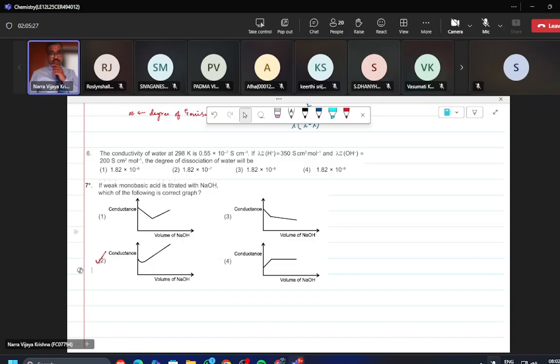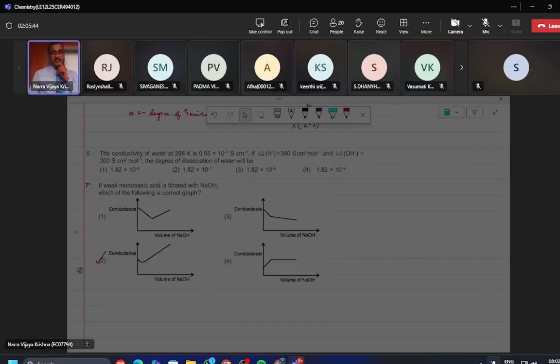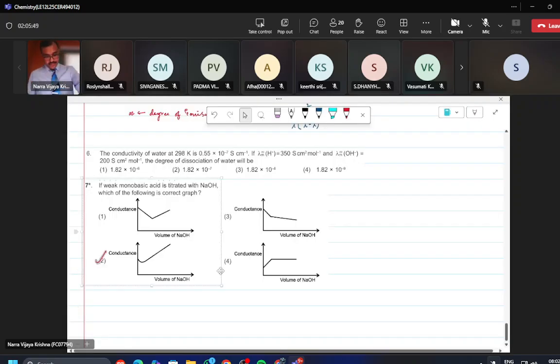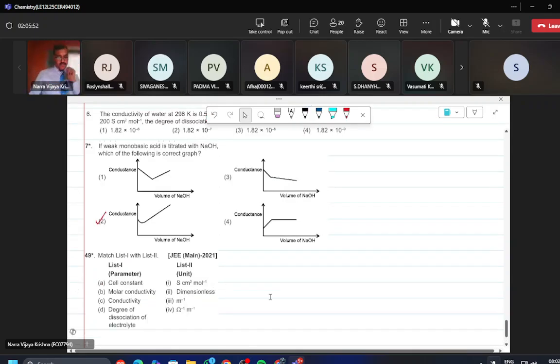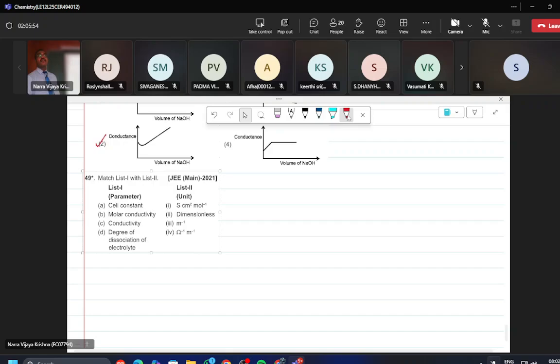Then I will go to the next section, previous JEE questions. In that, any star? Question number 49 is having a star. Easy. Unit of cell constant, L by A, so per meter.